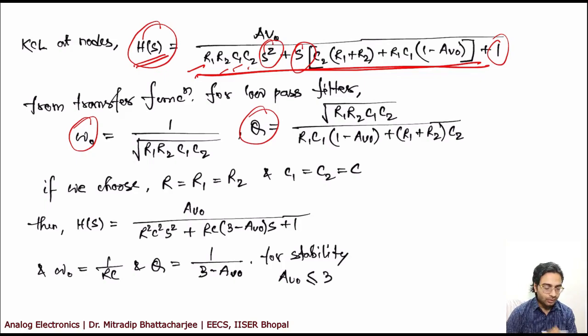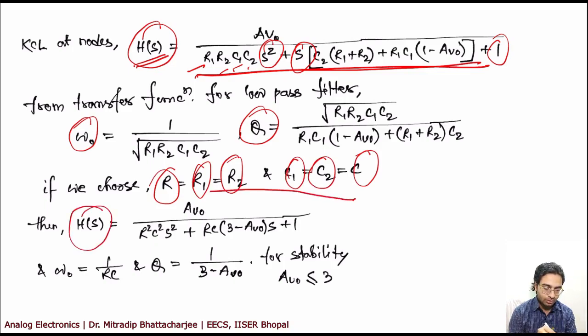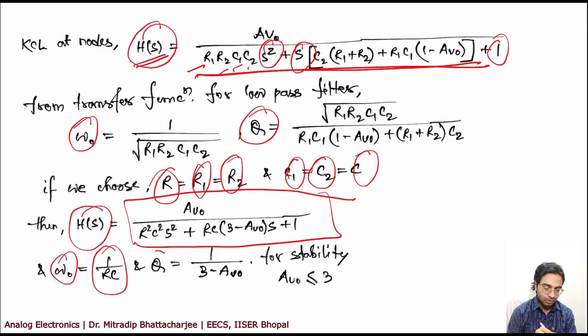Okay. Now let us choose R1 equal to R2 equal to R and C1 equal to C2 equal to C. Then you will have a transfer function similar to this one. So in this case omega 0 is equal to 1 by RC and Q is equal to 1 by (3 minus AV0). Now if you see here, if your AV0 becomes more than 3, your Q will become negative.